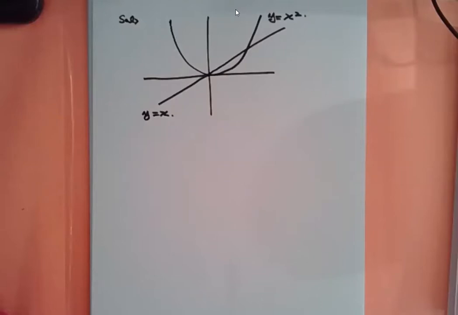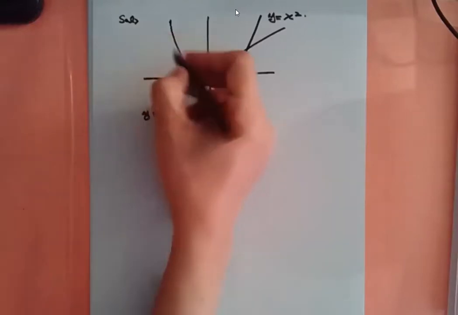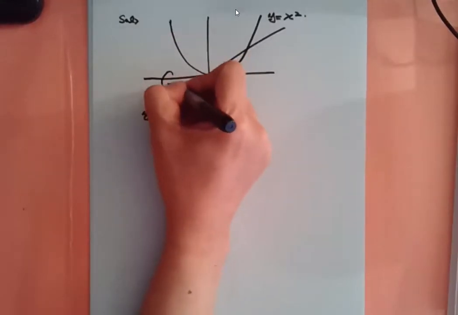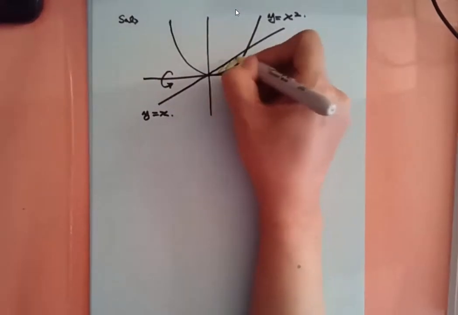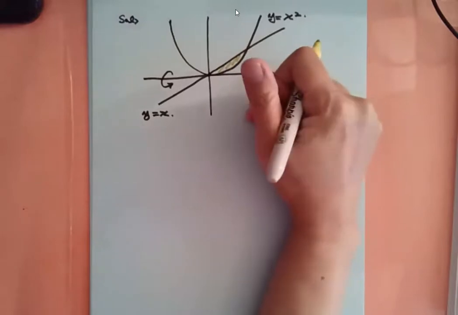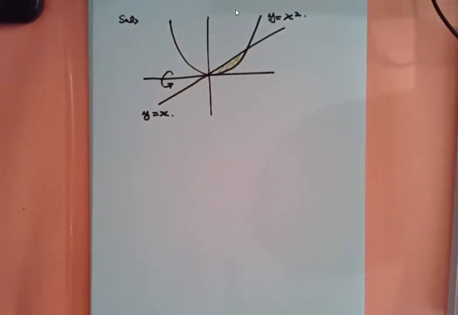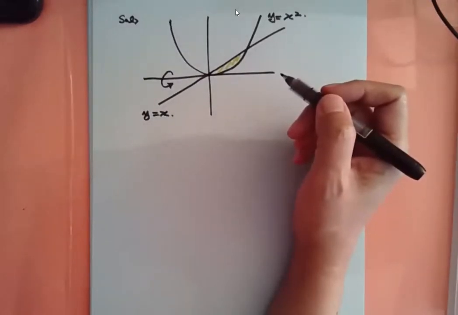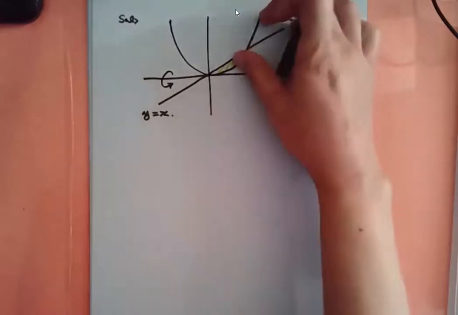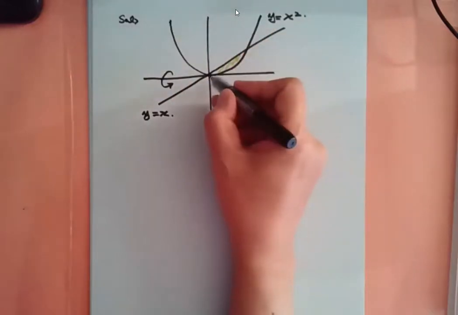What we are doing is we are rotating around the x-axis. So we rotate this part around the x-axis like this. Then the disc will be flipped in this way.